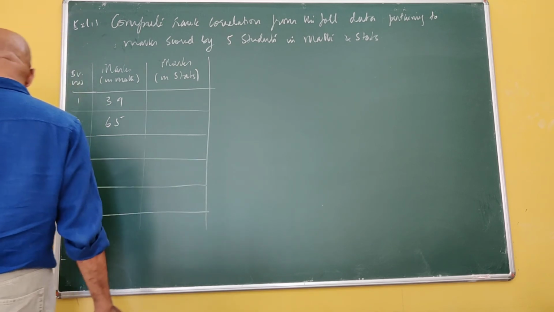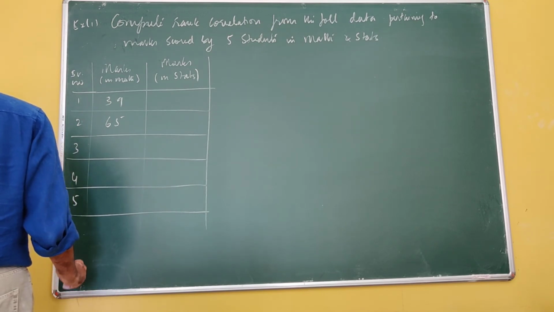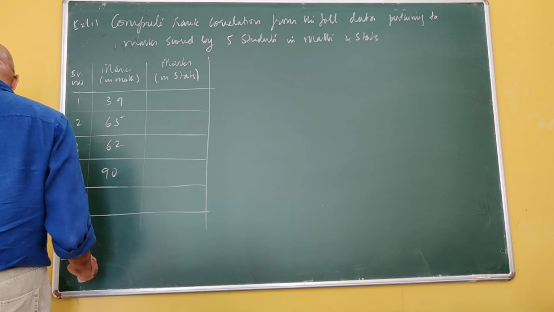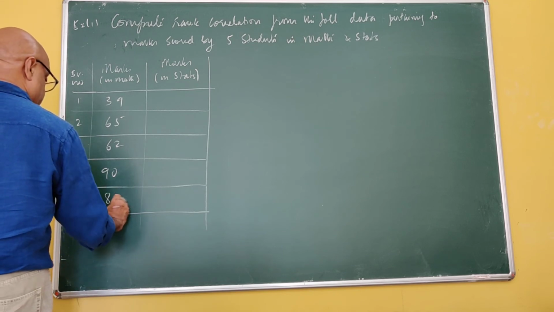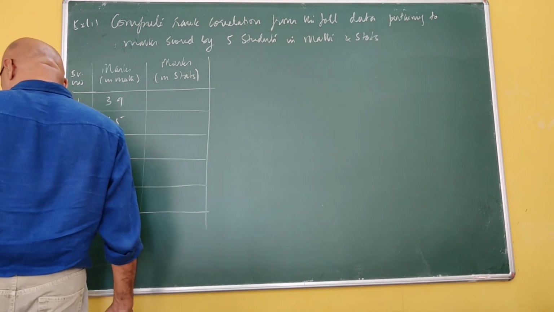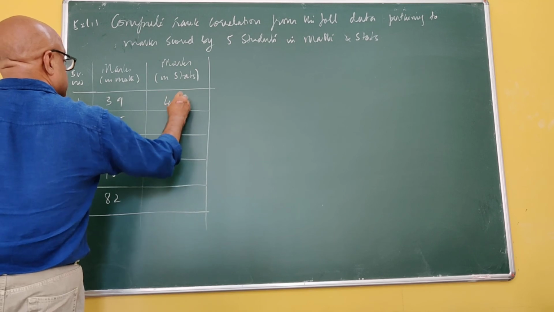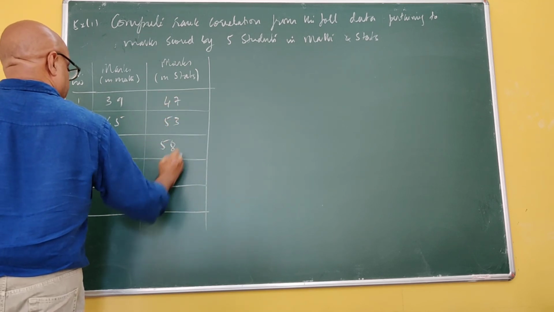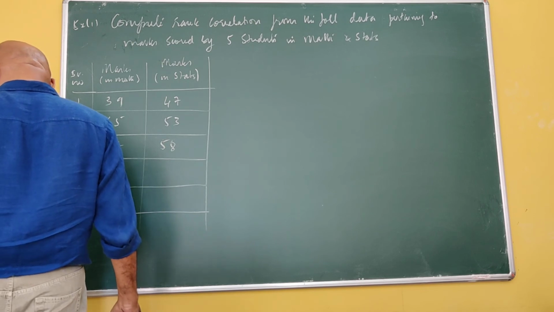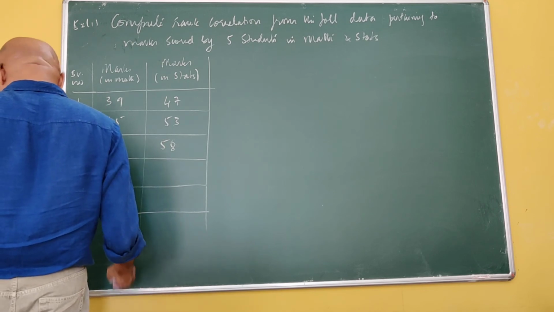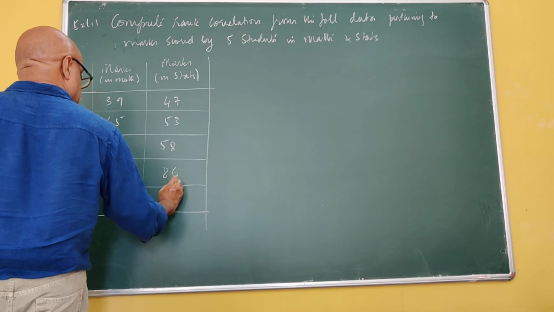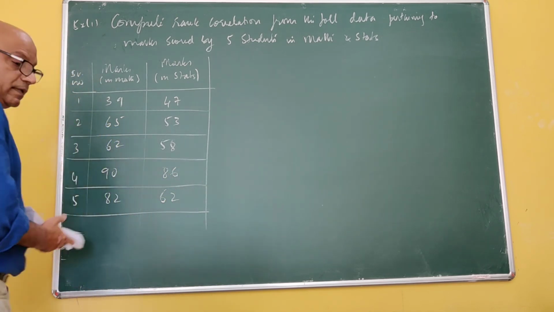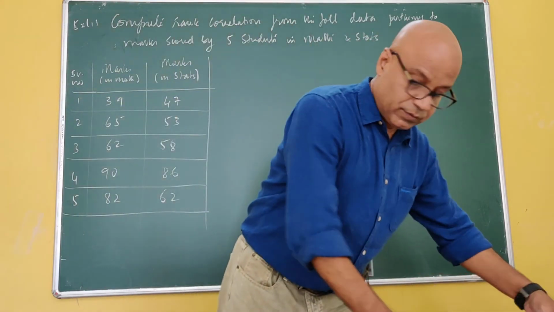A very simple data. Math marks include 39, 65, 62, 90, and 82. And in stats it is 47, 53, 58, 58, 86, and 62.